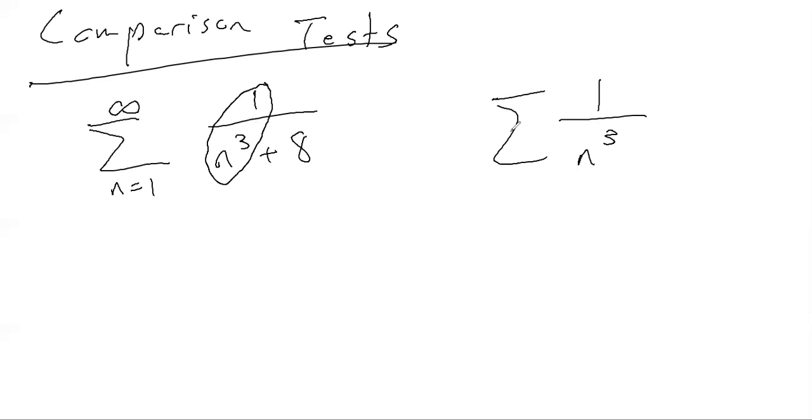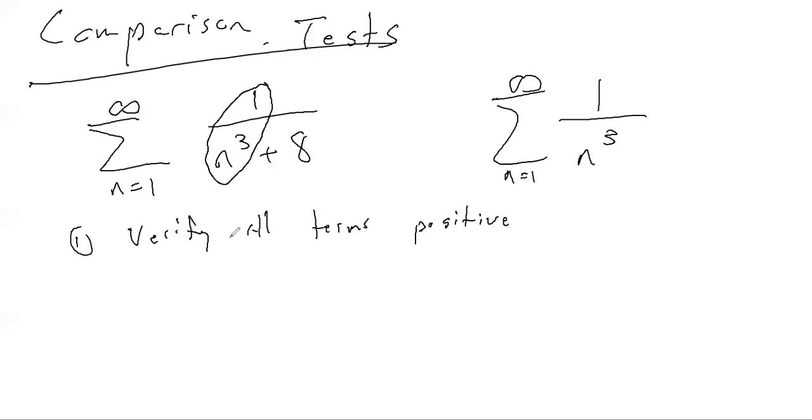Okay, now let's look at this series. This converges by the p-test. That's giving me a hint that this is probably going to converge, but I need to go through my steps. Step one: verify all terms positive.